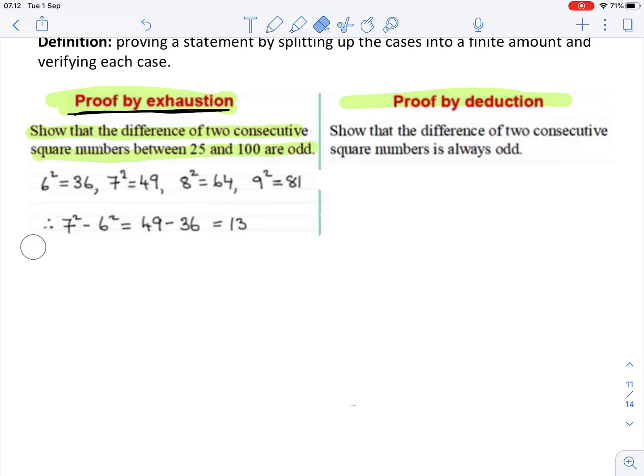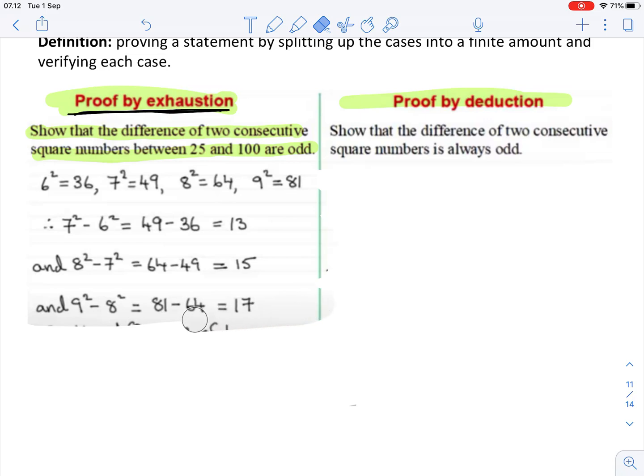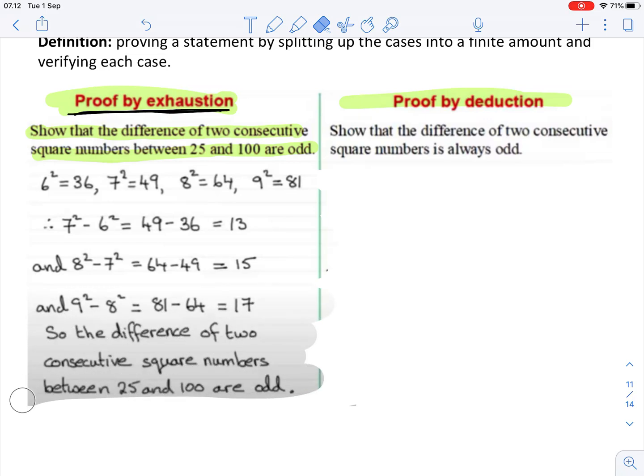There's that therefore symbol, therefore, right? And you just go through literally each case, and your final statement is, hey, here are all my cases. So the difference of two consecutive squared numbers between 25 and 100 are odd. And you've gone through each case, right?